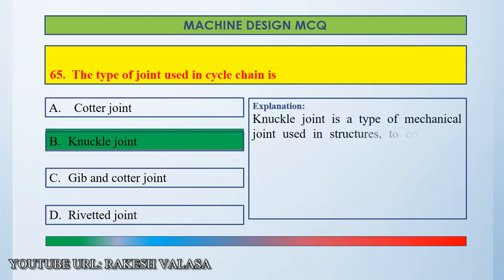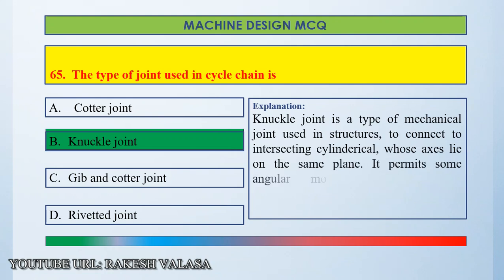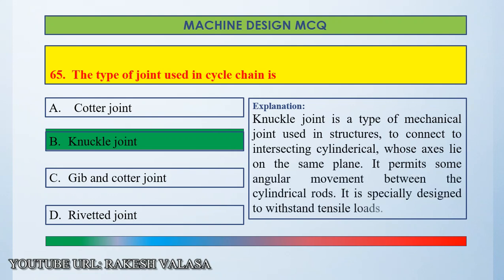Knuckle joint is a type of mechanical joint used in structures to connect two intersecting cylindrical rods whose axes lie on the same plane. It permits some angular movement between the rods. It is specially designed to withstand tensile loads. So the correct answer is option B knuckle joint.